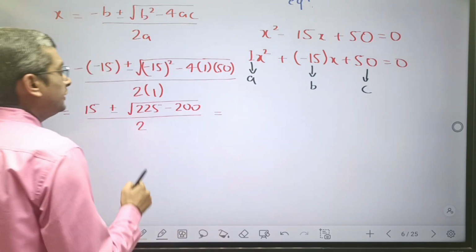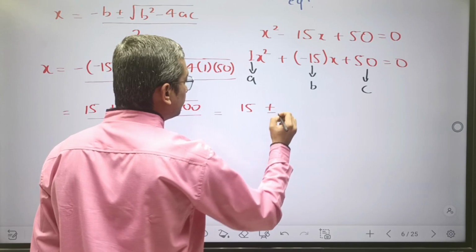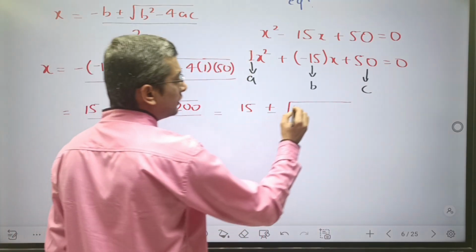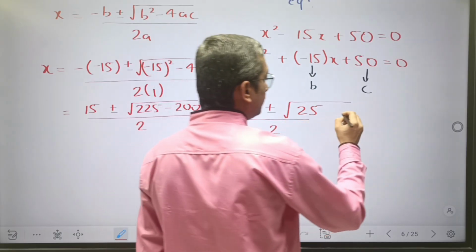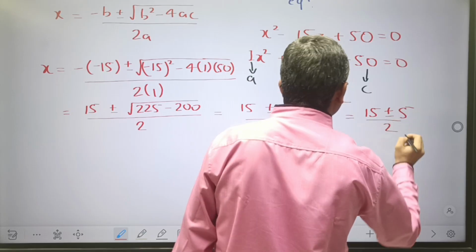On further solving, we will get 15 plus minus root over 225 minus 200 is 25 by 2. So this will be 15 plus minus 5 by 2.